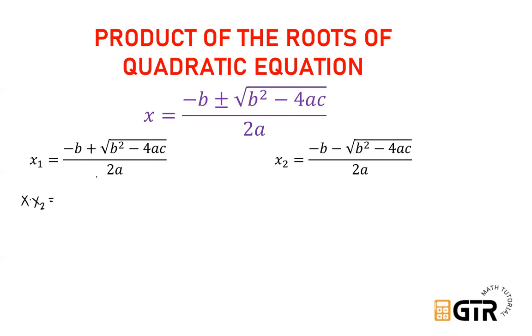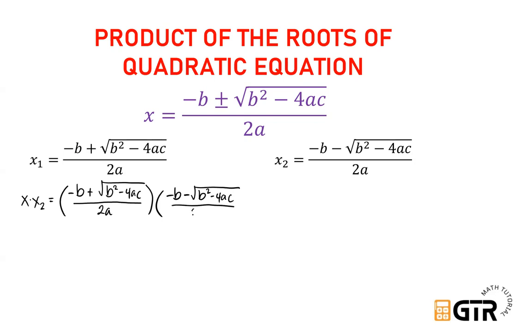Sa right side, negative b plus square root of b squared minus 4ac over 2a, and then the other root, negative b minus square root of b squared minus 4ac over 2a. Multiply the numerator, and then multiply the denominator.